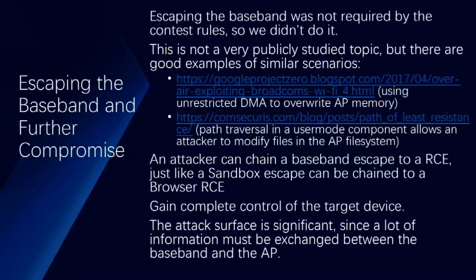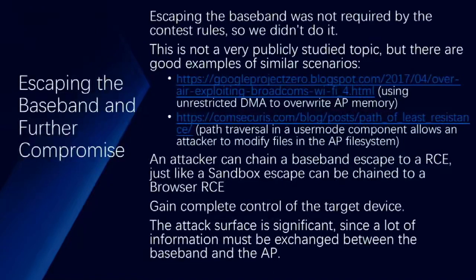It's not a very well-studied topic, but there is some material on similar scenarios. We didn't have to provide this kind of proof to the competition because it was not required by the rules.